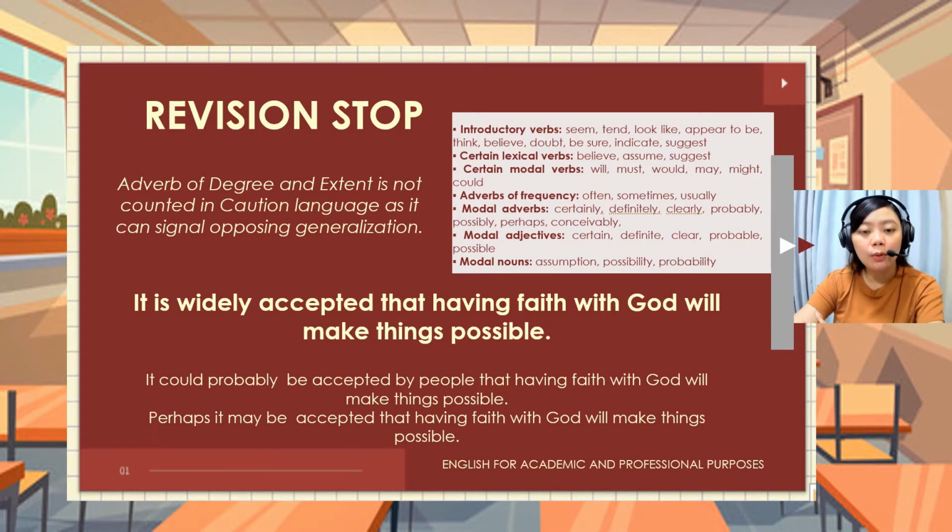If we reconstruct the sentence to make it caution language, we can say that it could probably be accepted by people that having faith in God will make things possible. We have "probably" as the modal adverb, and "could" as the modal verb. They go together in a sentence. Another revision to use the language of caution is this: perhaps it may be accepted that having faith in God will make things possible.